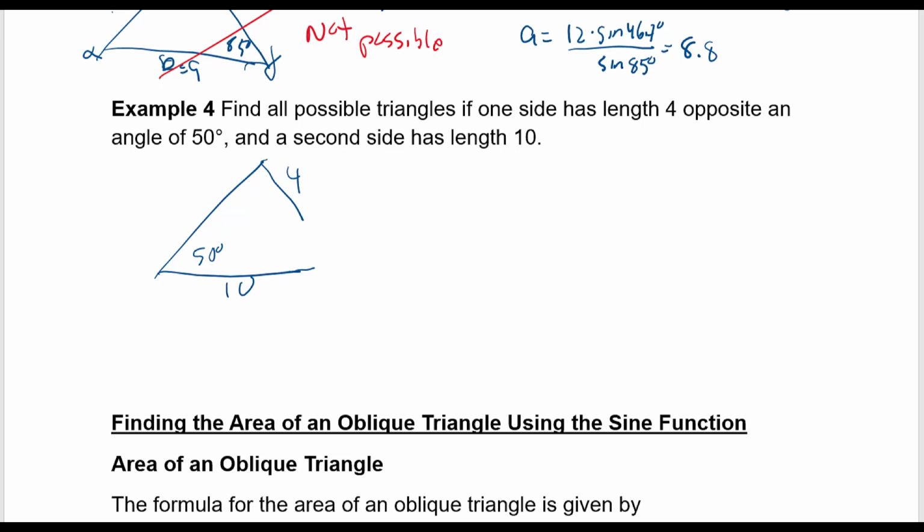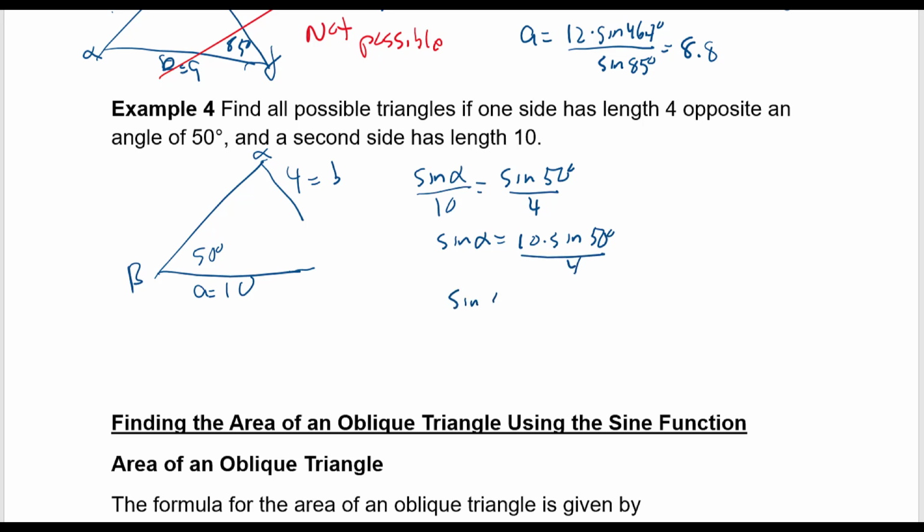Let's see if we're missing something here. What if we call this alpha? So this is A. Call this beta, so this is B. So we could say sine of alpha over 10 equals sine of 50 degrees over 4. So sine of alpha equals 10 times sine of 50 degrees over 4.